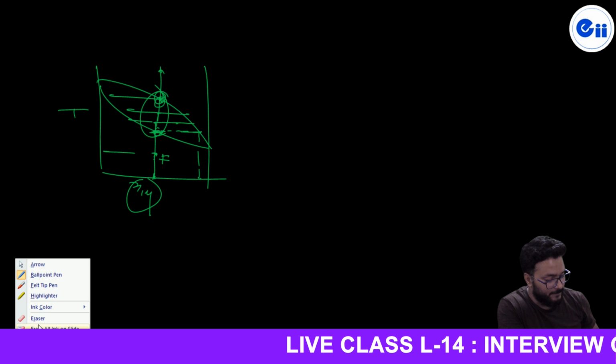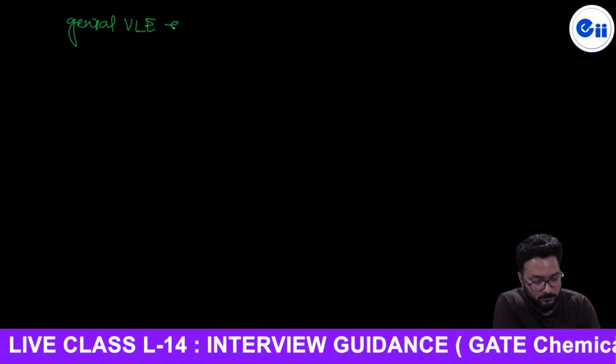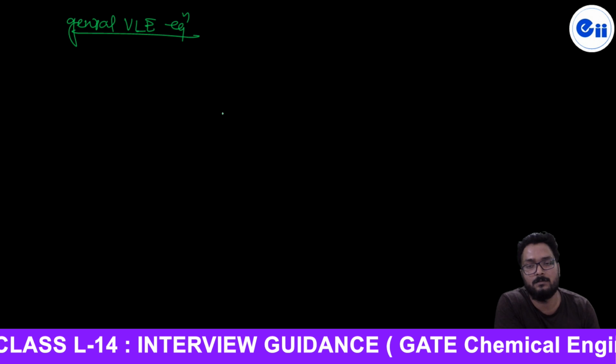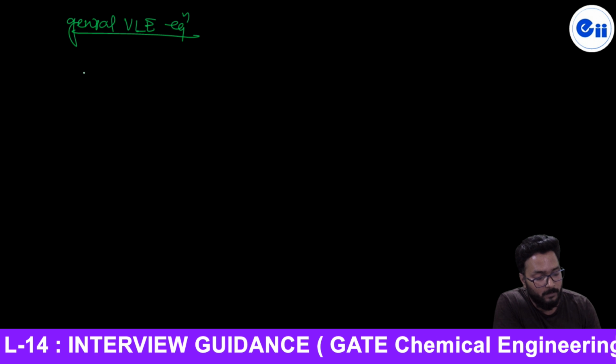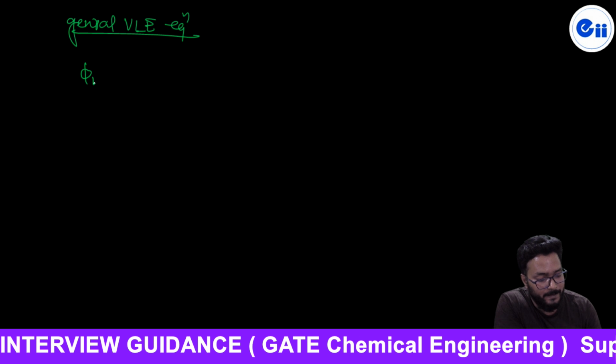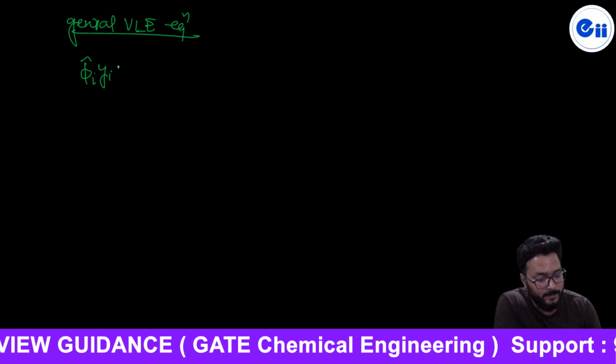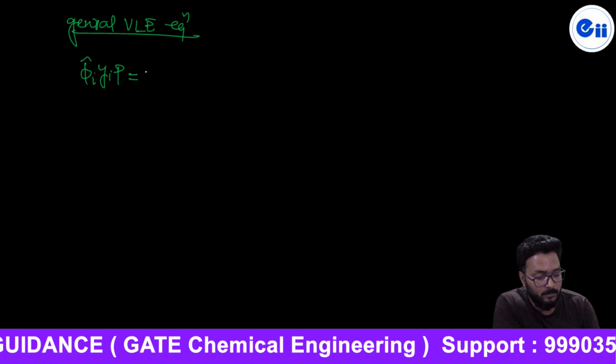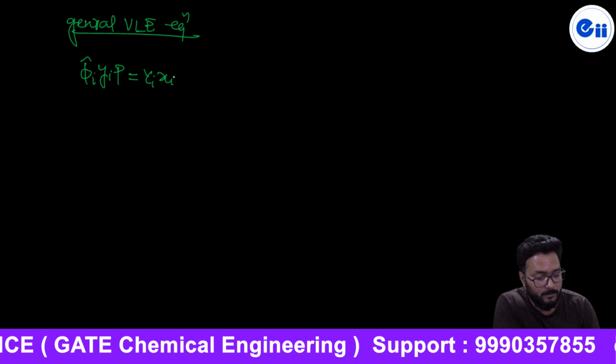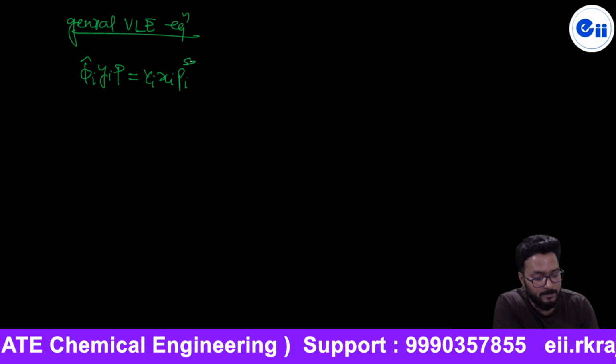And as far as the VLE equation is concerned, the general VLE equation is phi i cap into yi into P equals gamma i into xi into Pi sat.